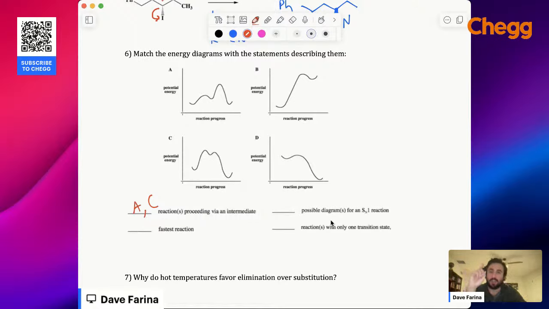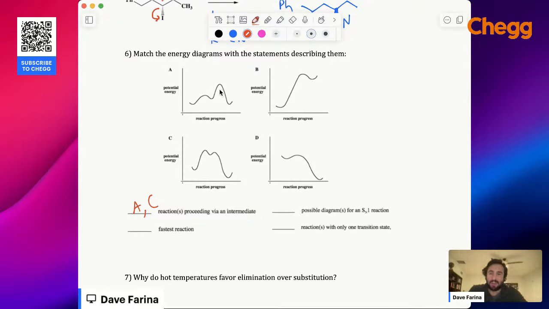So if we want to find an energy diagram for an SN1 reaction, we know that it has to have two steps, it has to have an intermediate, and the intermediate must be much higher in energy than the reactant. So the activation energy of the first step has to be much greater than the activation energy of the second step. The activation energy of the second step is very low, right? The nucleophile just coordinates and neutralizes the carbocation, very energetically favorable. So we have two here with an intermediate.